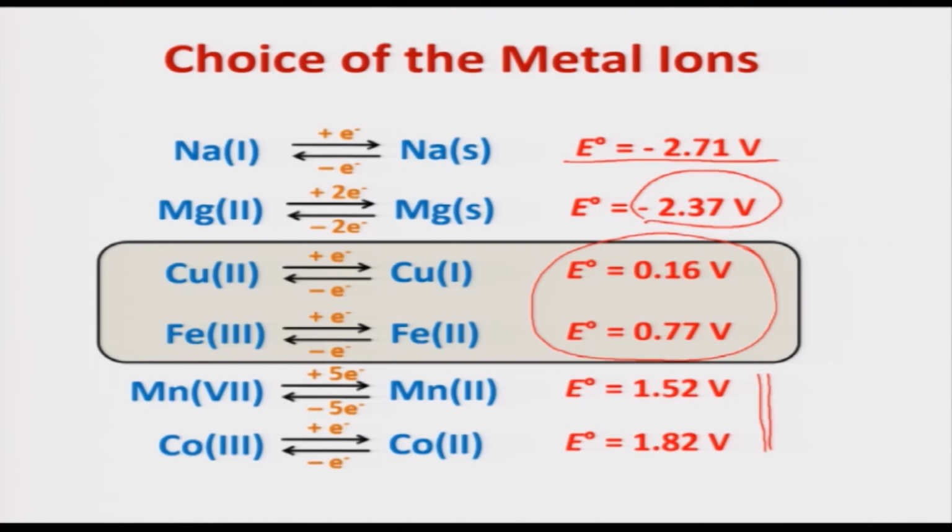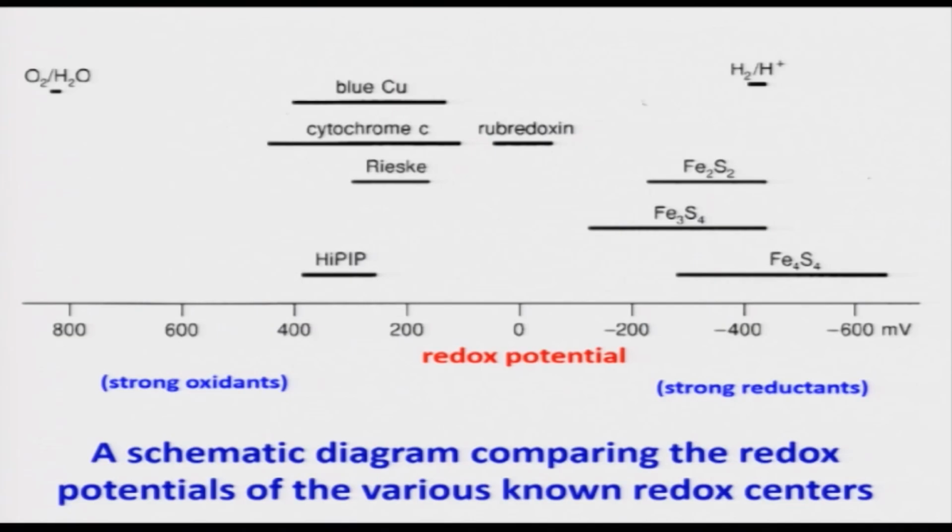Now, here I have shown a schematic diagram comparing the redox potential of various known redox centers in biology. As one can see, there are two limits. One is on the positive side, the upper limit.